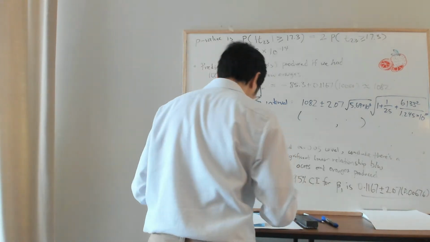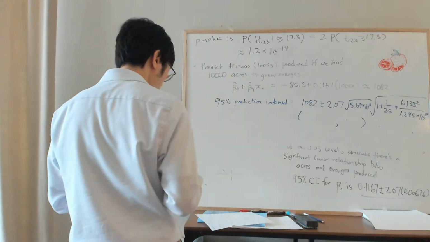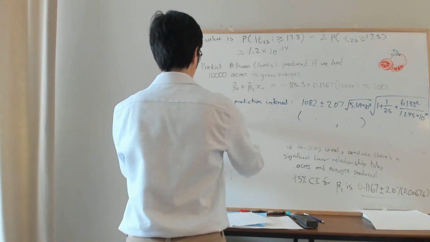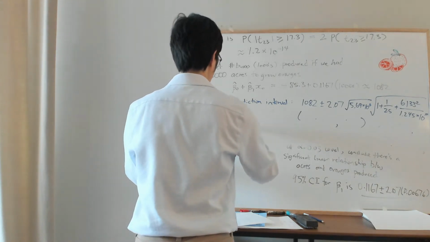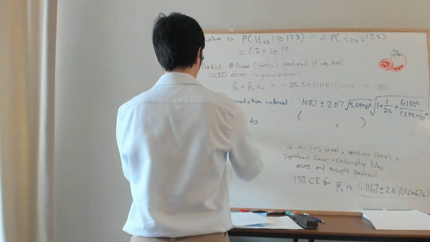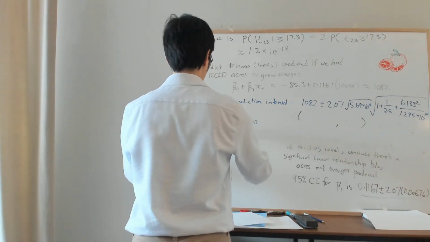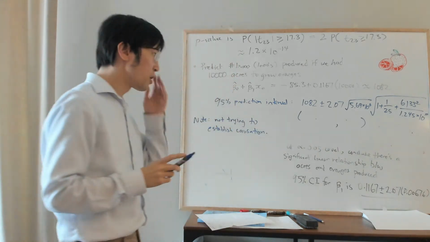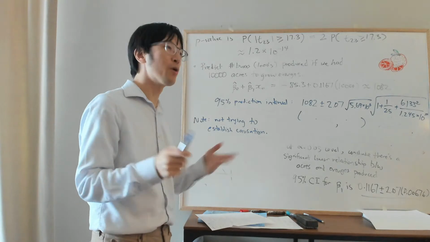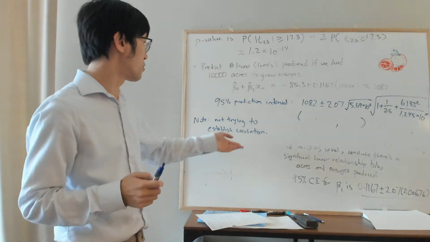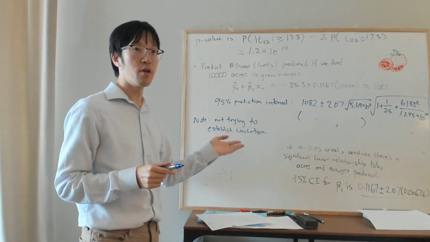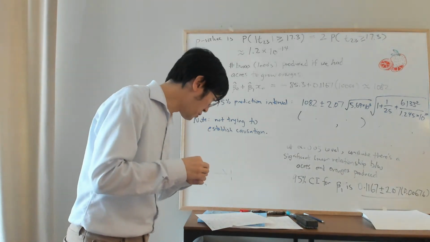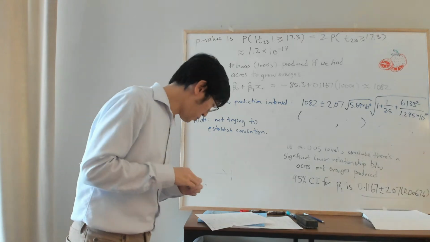So let's add a note here: we're not trying to establish causation. We're simply trying to understand the relationship and build a model for it. In order to establish causation, typically we need to do randomized experiments, which are covered in some of the other stat classes.